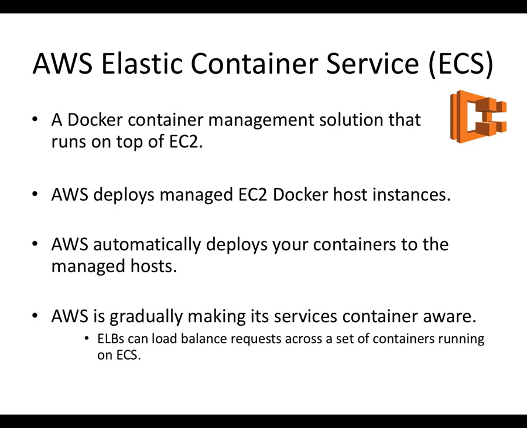ECS is really a service that runs on top of EC2. Amazon leverages EC2 instances for each of the nodes that it creates as part of an ECS cluster, and I use the term cluster sort of loosely. ECS is more of a basic Docker hosting service than some of the other container orchestration solutions that we'll look at tonight.